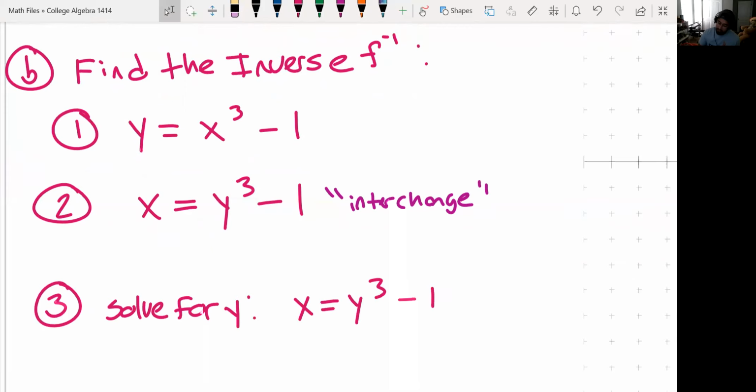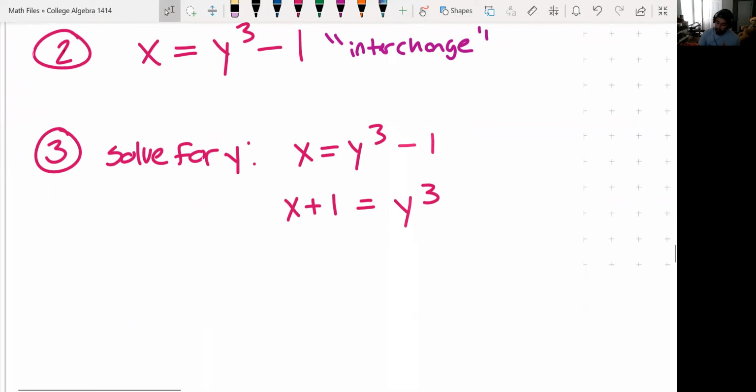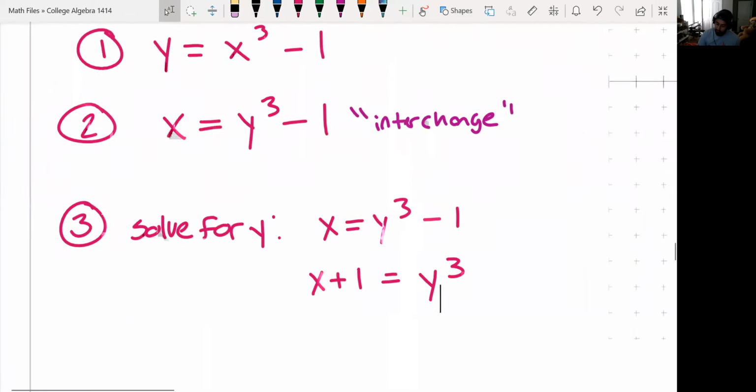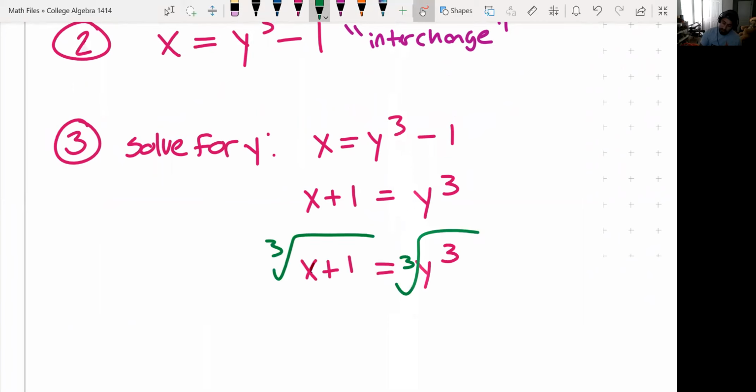You're going to add the 1 over, x plus 1 equal to y cubed, and then you are going to cube root both sides. And we will end up with the cube root of x plus 1 equal to y.